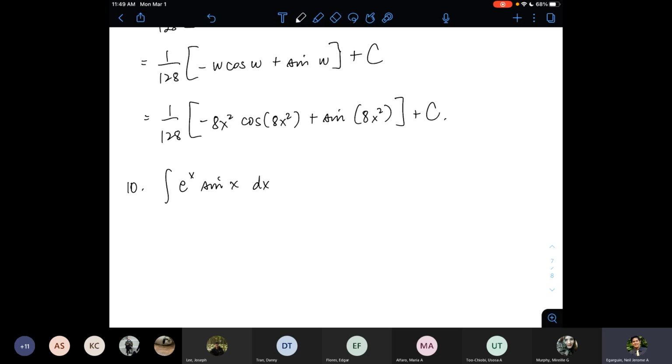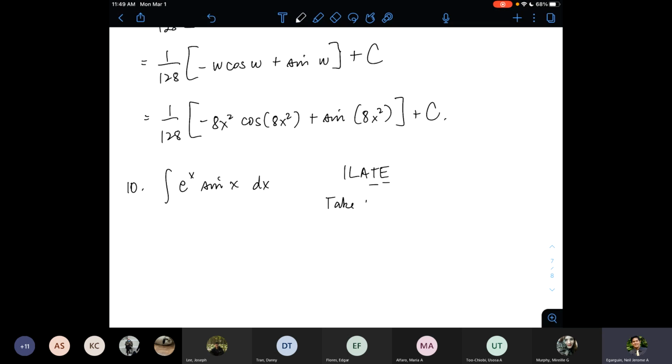And I guess here it's another form of the IBP which will require us to take note that we will go back sometime to the original integral, right? And you'll see later. So remember to isolate. So we have an exponential, we have a trig. Trig comes before exponential.